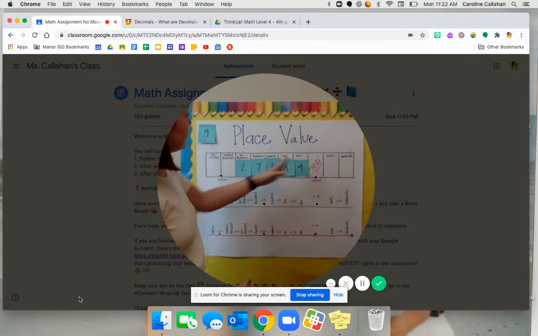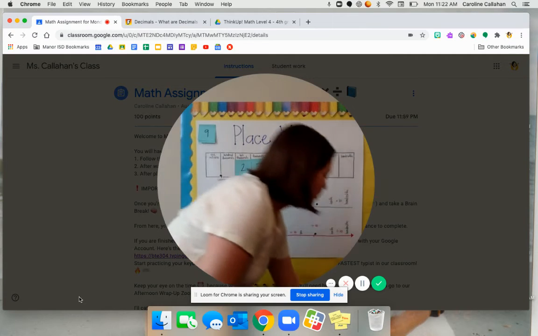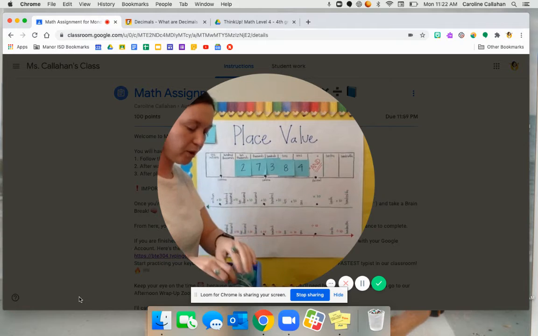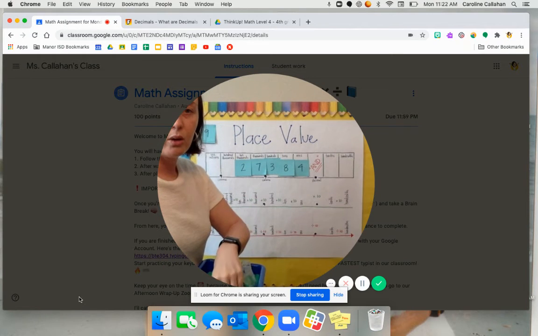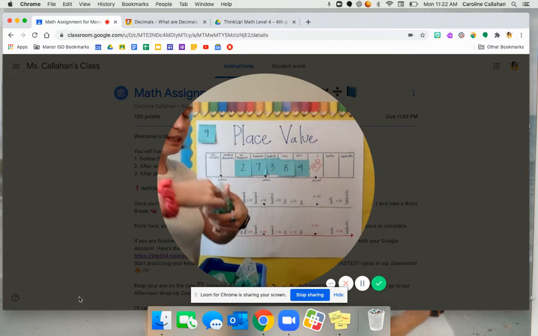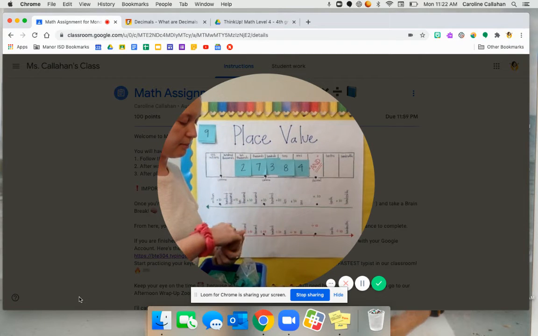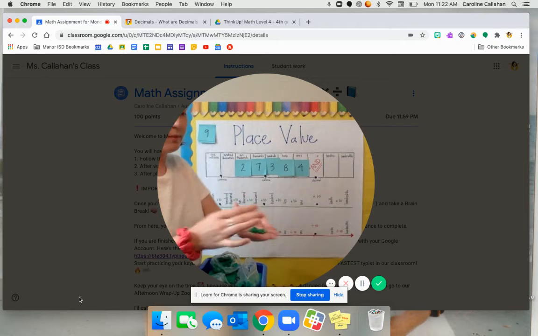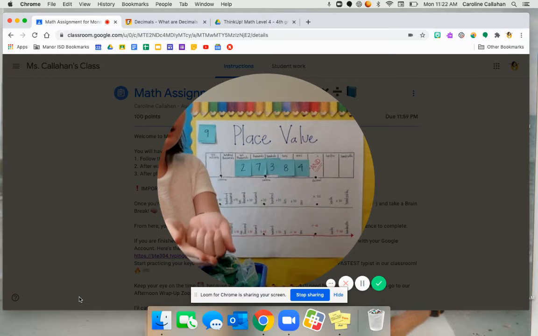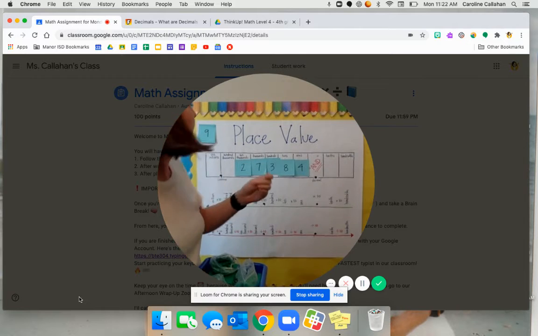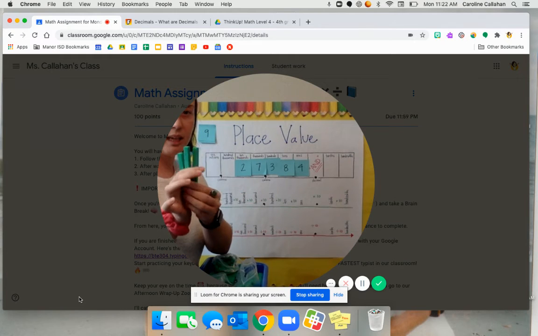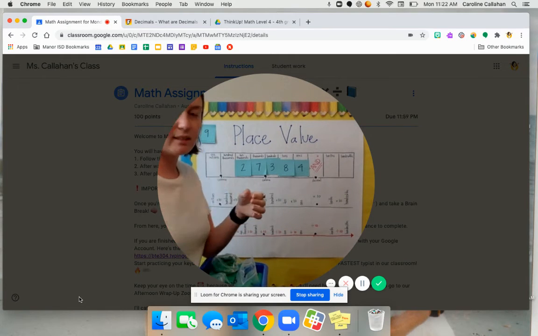We can see that there's a 4 in the ones place. So if we were to look at some base 10 blocks, we would pull out 4 little mini cubes. Here is the 4, right? And then when we look at the tens, there's 8 longs, right? So we would grab 8 of these guys.